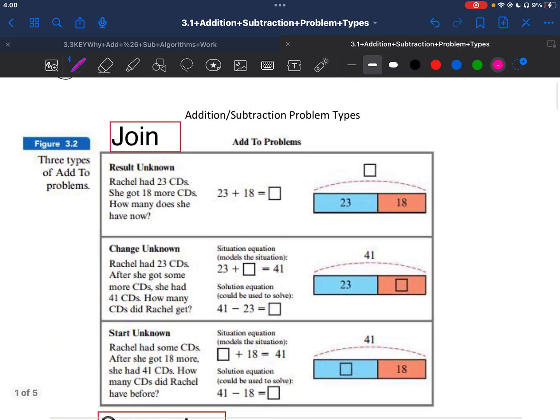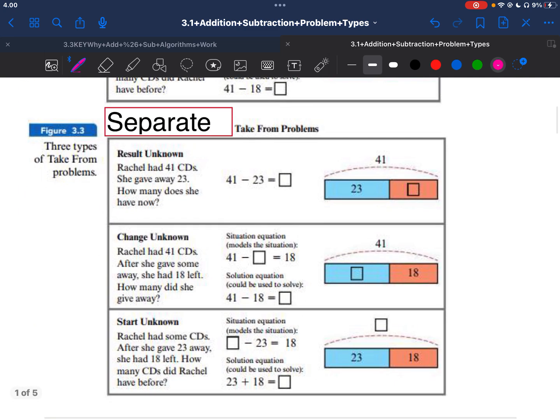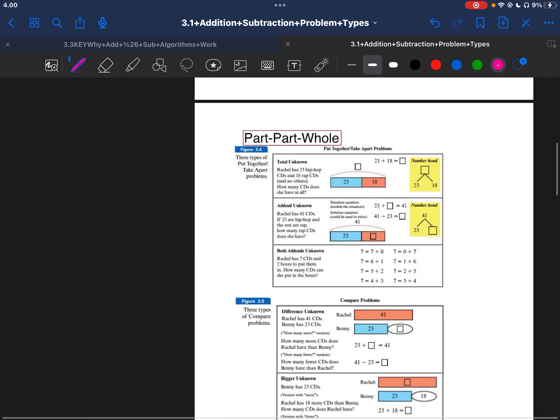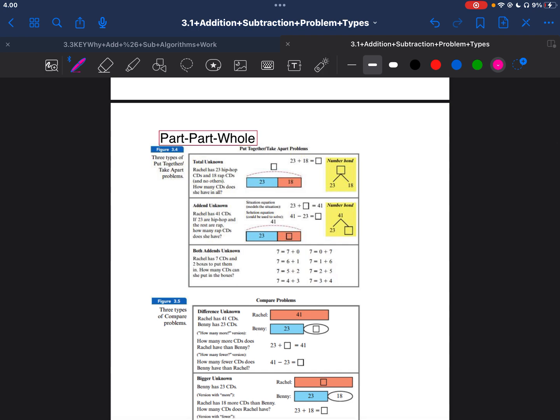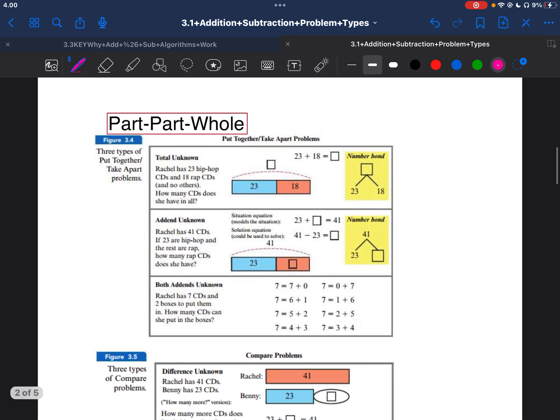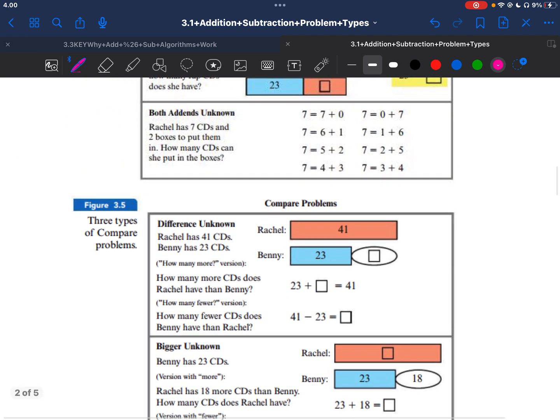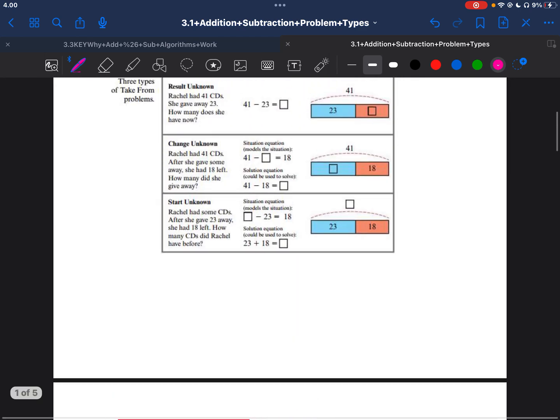Join, your textbook also says add-to problems. Separate problems are your take-from problems, your subtraction problems. Part-whole has two main types. That's why I'm saying three, not four. Part-whole, you have the put together, take apart problems, and you have the comparing problems.